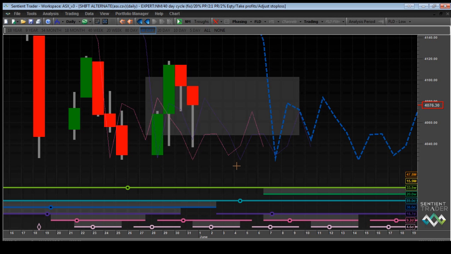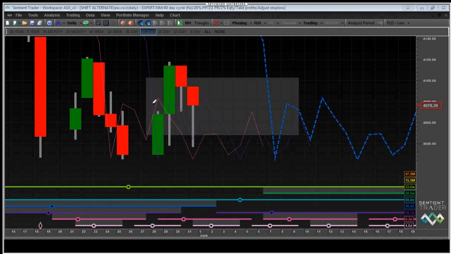So if you look at the 20-day FLD, and there I can highlight the 20-day FLD. There are two troughs. There's a trough here, and there's a trough over here, and there's another one over here. Okay, so oops, let me just do that. Okay, I've highlighted the wrong FLD, but never mind.